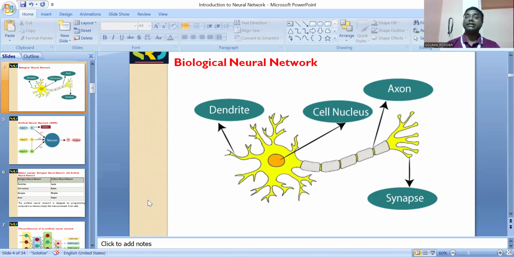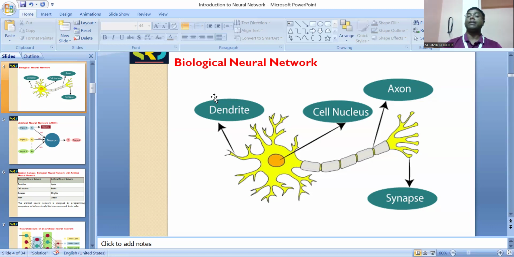And these signals or the stimuli will be propagated through the cell nucleus and the axon, and finally it will propagate to another neuron via synapse. So this structure can be mimicked in the formulation of the ANN structure.